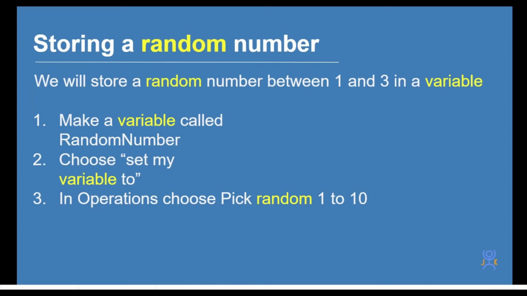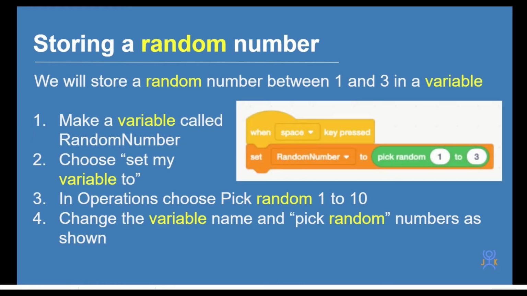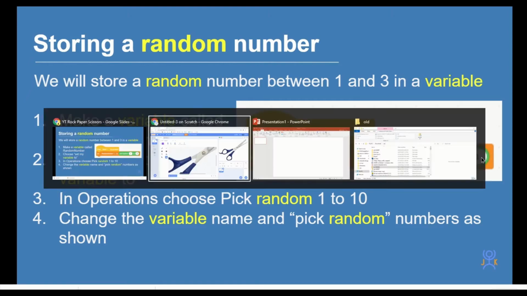We're going to choose the random block, which says 1 to 10 initially, and then we're going to change the variable name to random number, because it's not going to be set as that to begin with, and then we're going to change the pick random numbers as shown here. So when space is clicked, set my random number variable to whatever comes out of this random of 1 to 3. So let's do that.